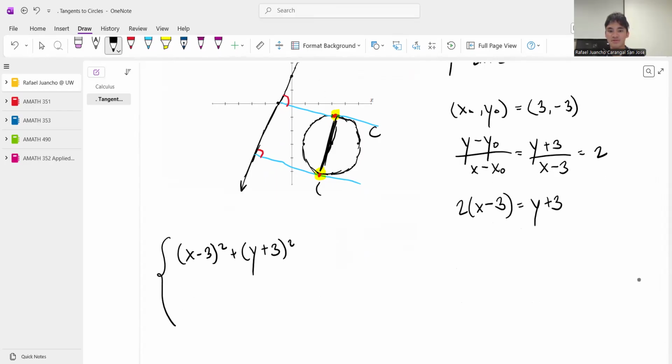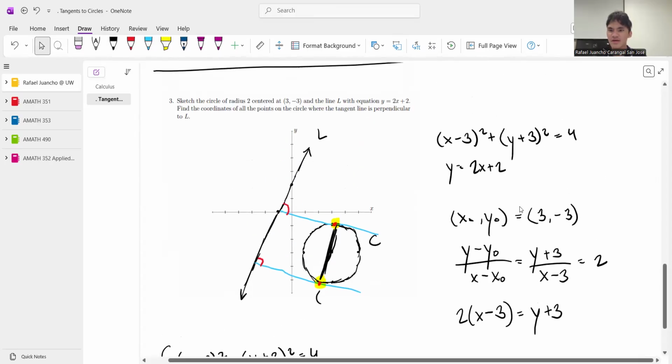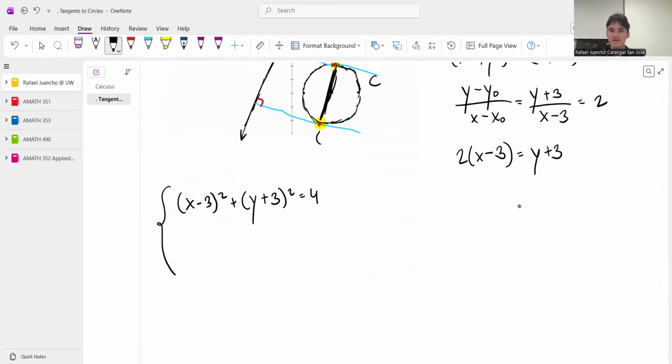I think this was a plus. This is a 4, I believe. Yeah. And the other equation, because again, we have two unknowns, so we need another equation, that would be this. But then I can rewrite that.